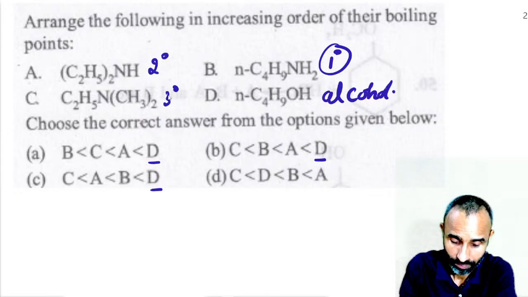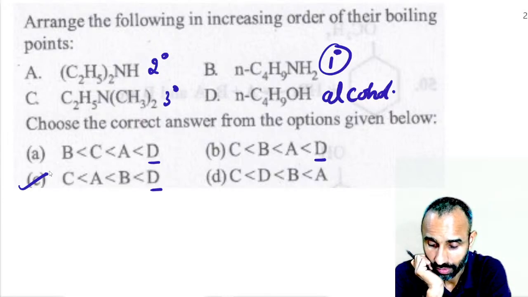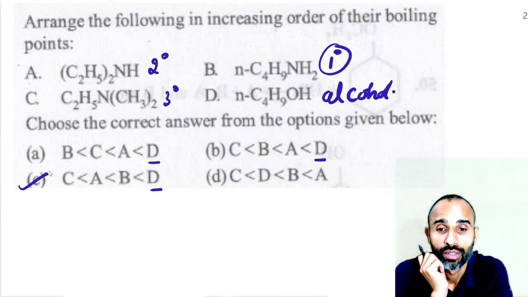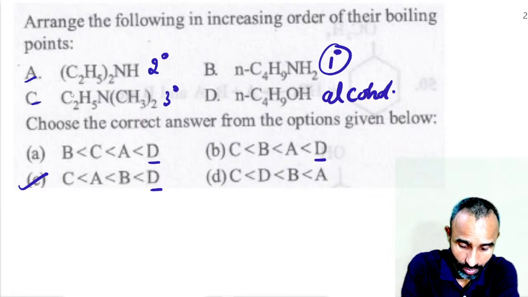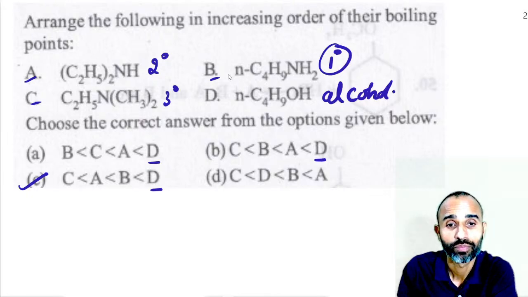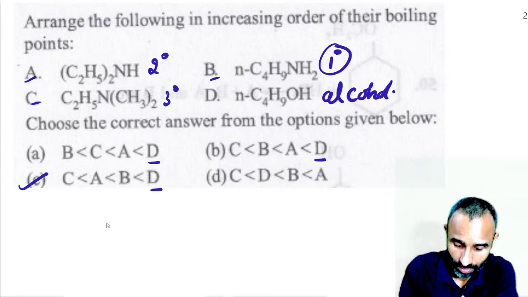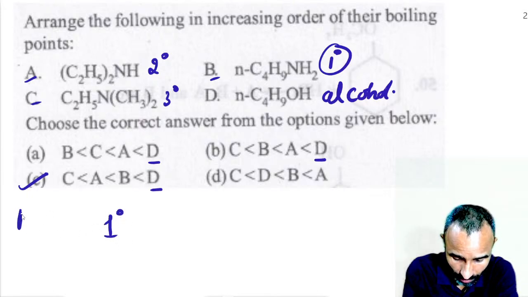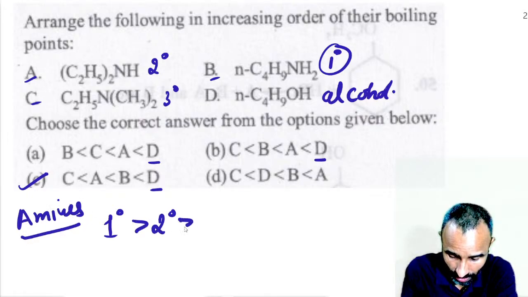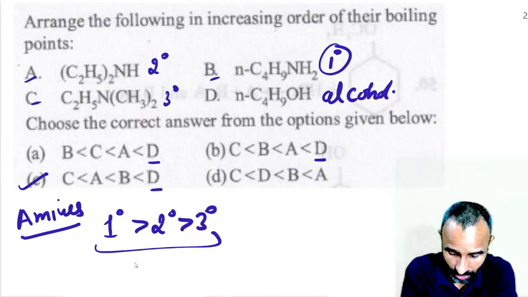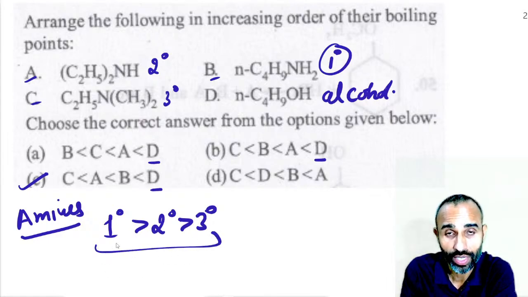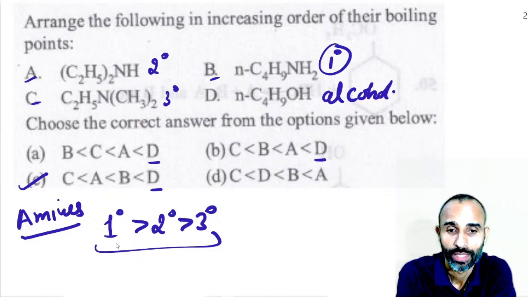So I think option C. Yes, it should be option C. Because they have the same molecular mass, the boiling point of primary amines is greater than secondary, greater than tertiary, due to greater hydrogen bonding in primary amine.